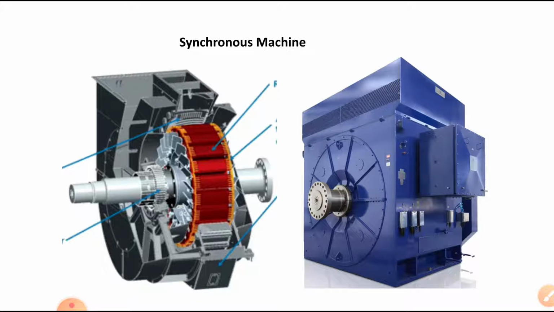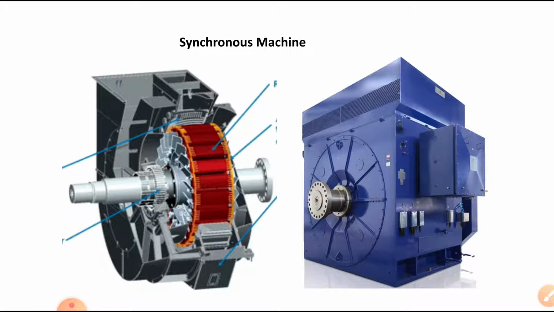In case of generators, it is used in our power plants like Nagarjuna Sagar, Srisailam projects, and any nuclear power station, thermal power station, hydro power station. Anywhere, that is a 3-phase machine, and induction motors are also 3-phase machines.